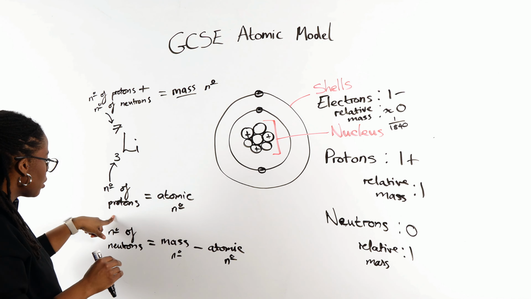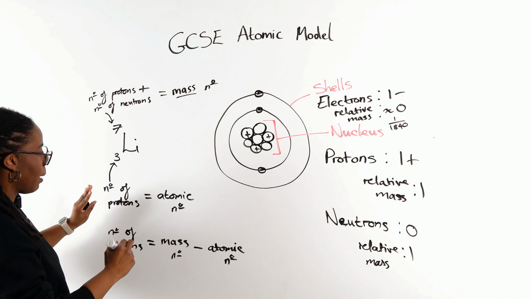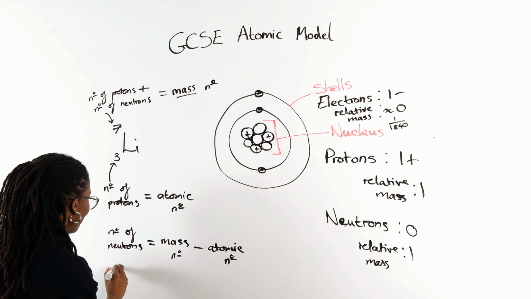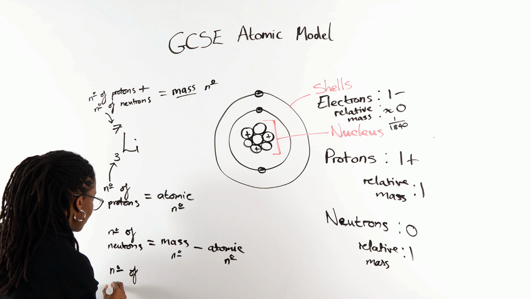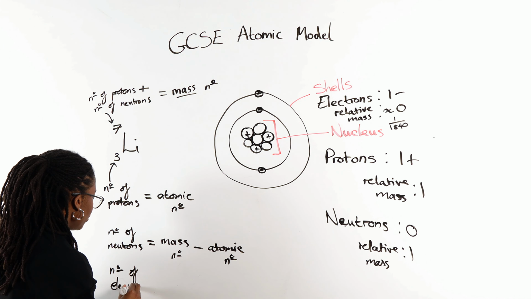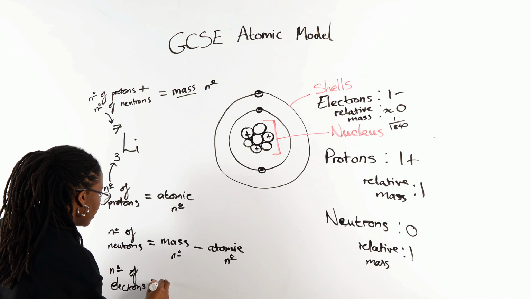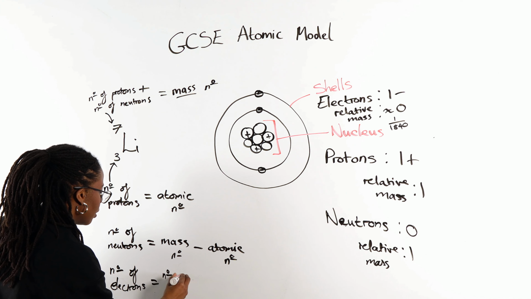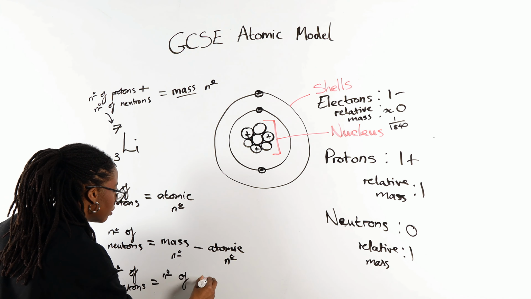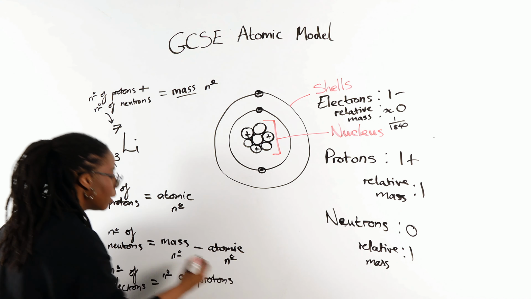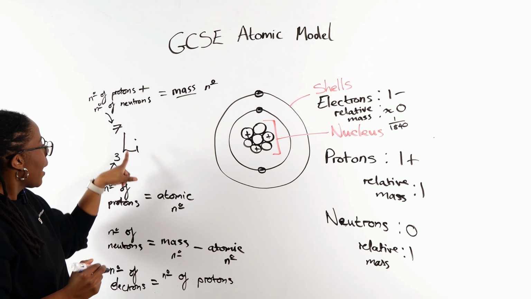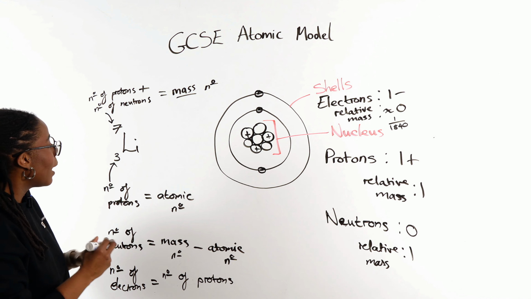So the number of electrons in a neutral atom is going to be equal to the number of protons.